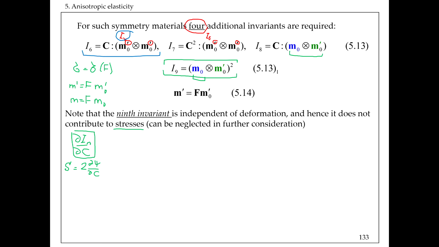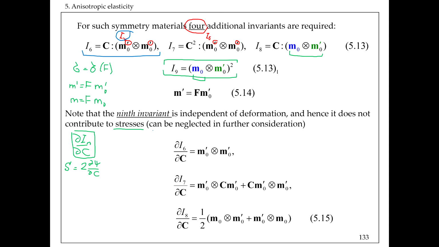In I5 we had multiplication with M0, so there was only one family of fibers, but this is just a matter of labeling these constant unit vectors and directions of the fiber. So for the second family of fibers, these two are very similar to the derivative of I4, and I7 is basically identical to the derivative of the invariant of C.